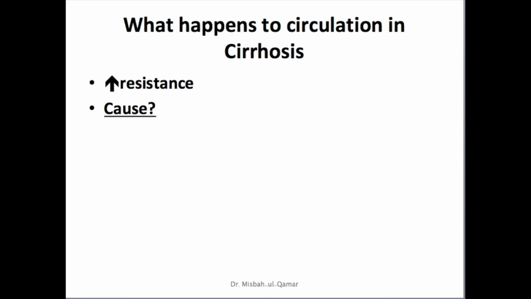All right. Cirrhosis of the liver greatly increases the resistance to the blood flow. How? Because cirrhosis is the destruction of parenchyma of the liver and its replacement with fibrous tissue. And this fibrous tissue contracts around the blood vessels and impedes the blood flow by increasing resistance.